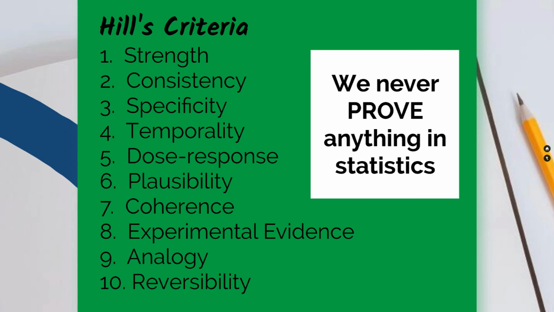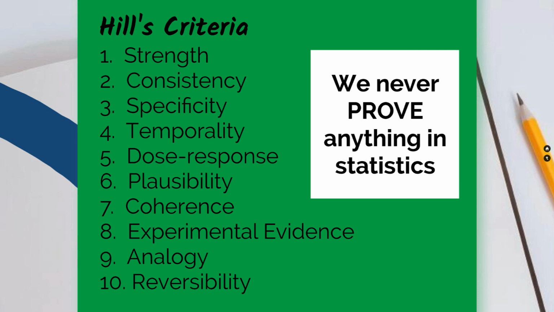Remember, experimental evidence is not required. If 9 of these are met and experimental evidence is missing, but the strength, consistency, temporality, dose response, etc. can be shown, then you may be able to talk about causality.